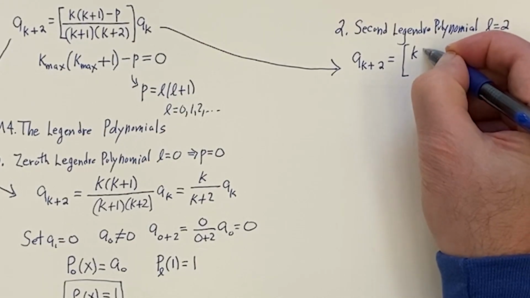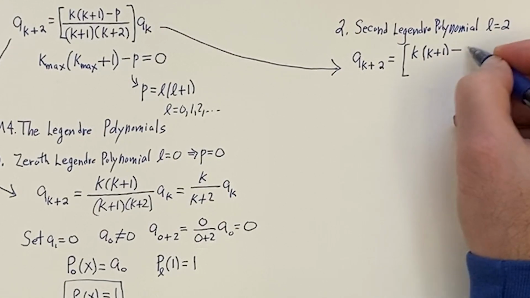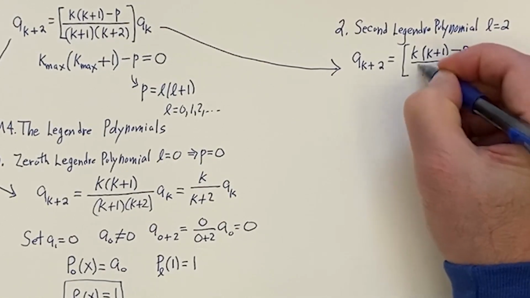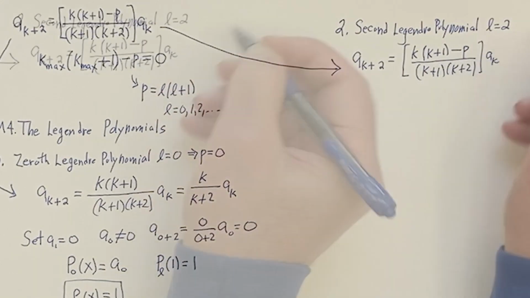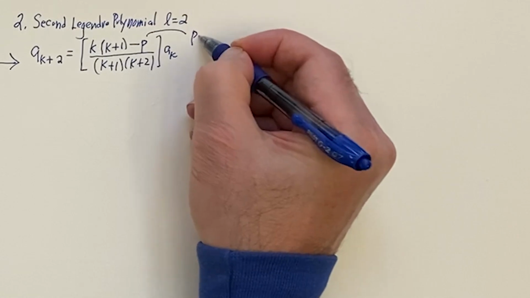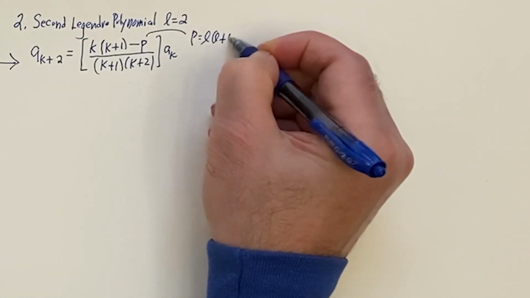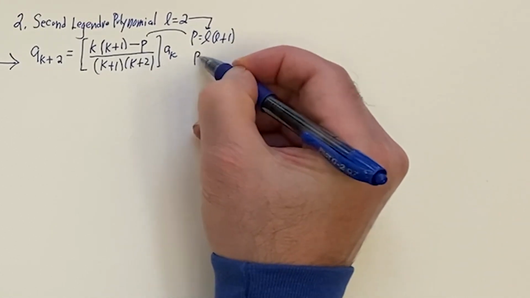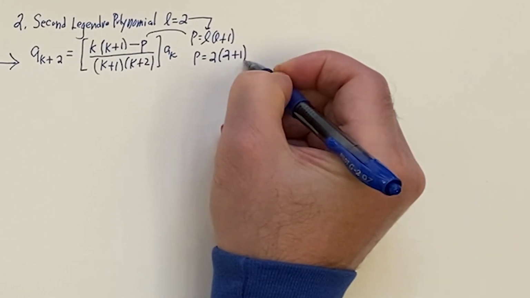So this is k times k plus 2 minus, we're just writing the general formula over again here so that we can see it, k plus 2. So what's the p going to be? Well, the p is going to be L times L plus 1. So if you have the 2 for the L, then the p will be 2 times 2 plus 1.